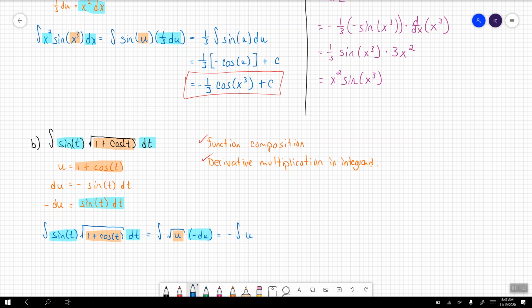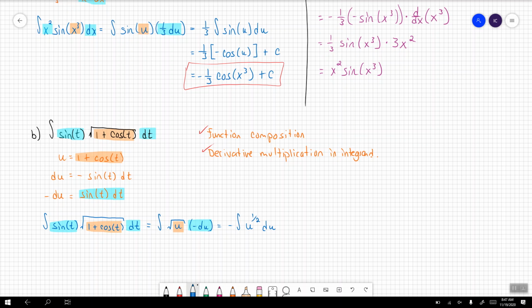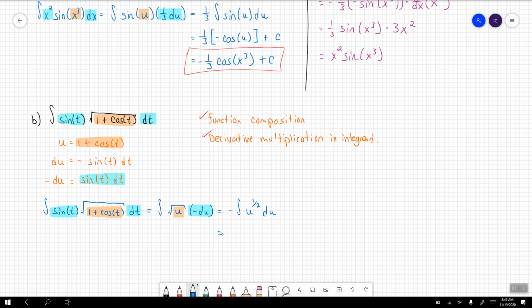I am going to rewrite this as u to the power of 1/2 du. Therefore, when I evaluate this integral, I add 1 to the exponent, and then I multiply by the reciprocal. Make that negative because of the negative out in the front, and then we have a plus c because this is an indefinite integral.